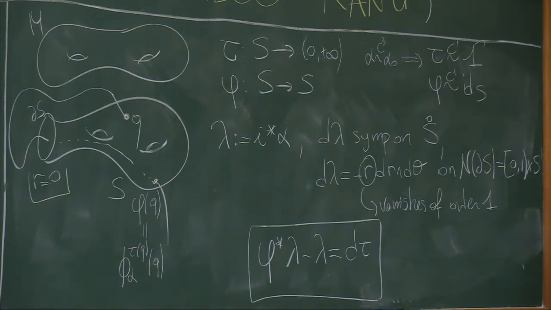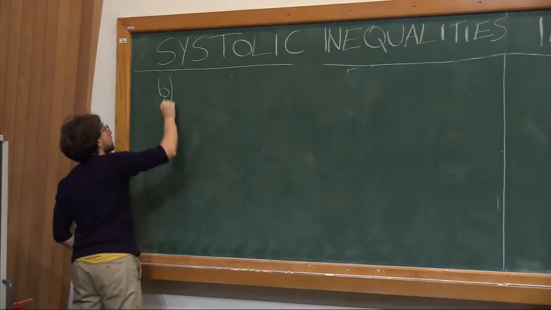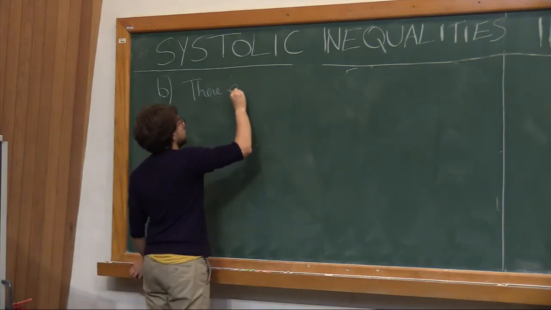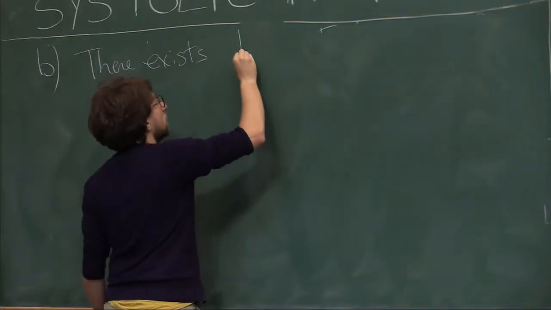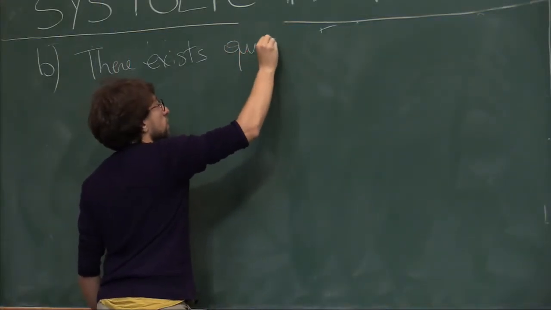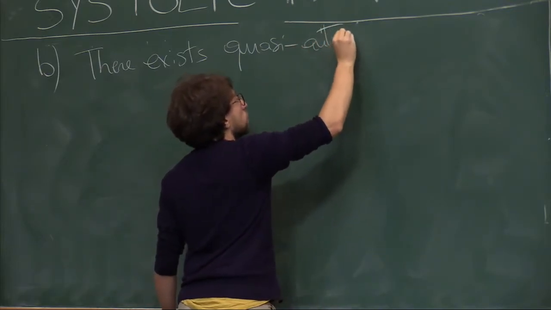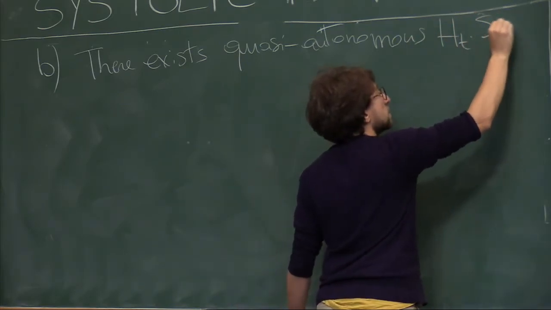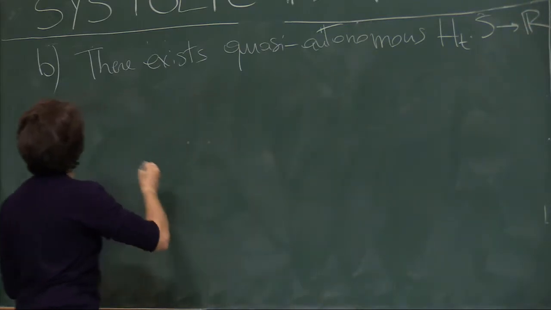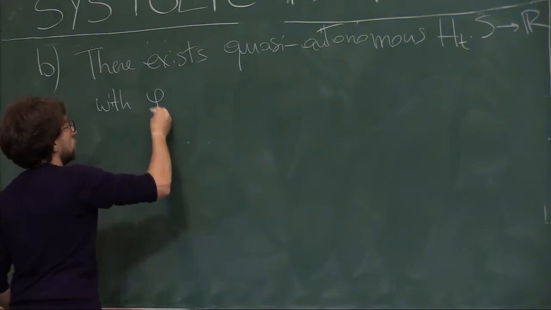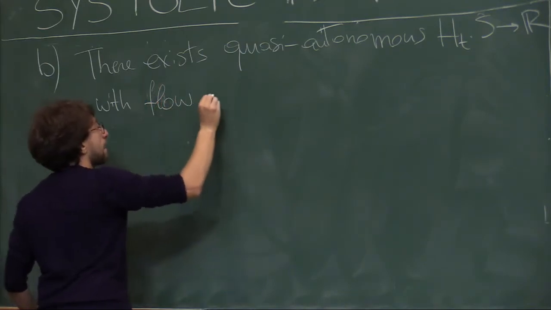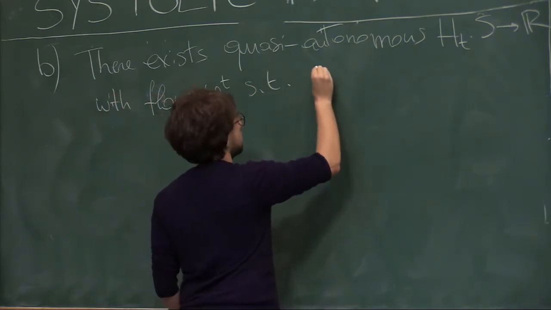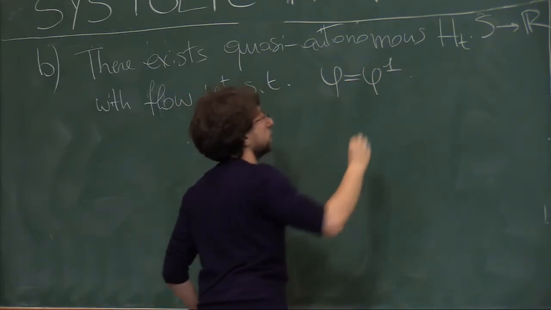Okay, so the second ingredient, ingredient B. There exists some quasi-autonomous Hamiltonian H_t from S into R, with Hamiltonian flow phi_t, such that the time one map of this flow is exactly our phi, such that phi is equal to phi_1.